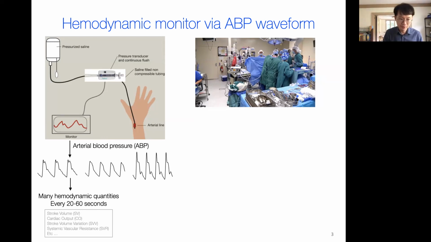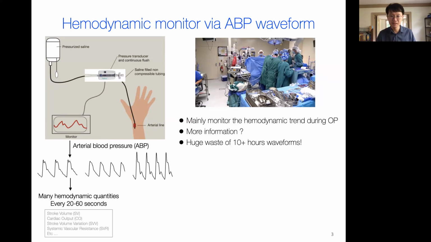Usually from those signals, physicians can calculate several indices to monitor the hemodynamics. But usually that information was used mainly to monitor the hemodynamic trend during the operation, like what's really going on.